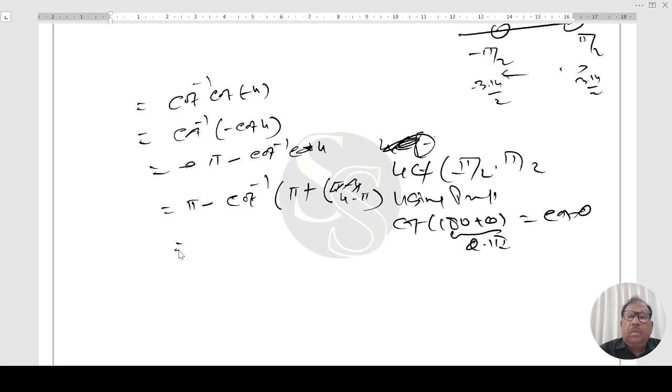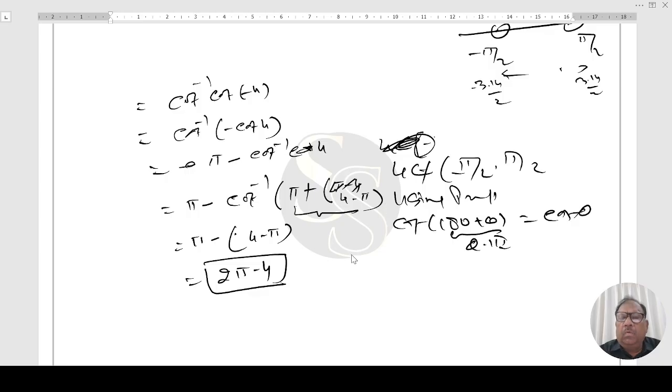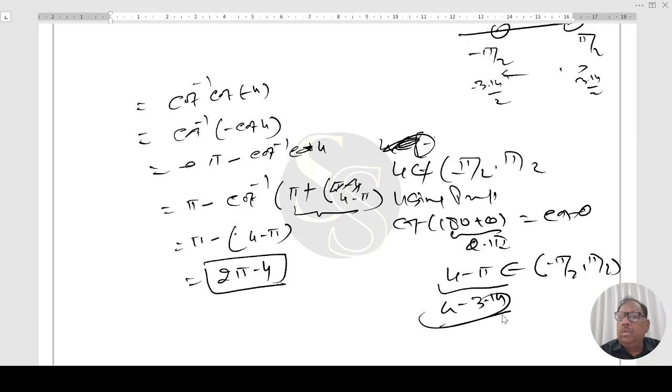If you go back, pi minus, this is now 180 plus theta, 4 minus pi. That is 2 pi minus 4. This is the answer. Now, see, 4 minus pi belongs to minus pi by 2 to pi by 2. 4 minus 3.14, so this belongs to this one. This is the answer. Right?